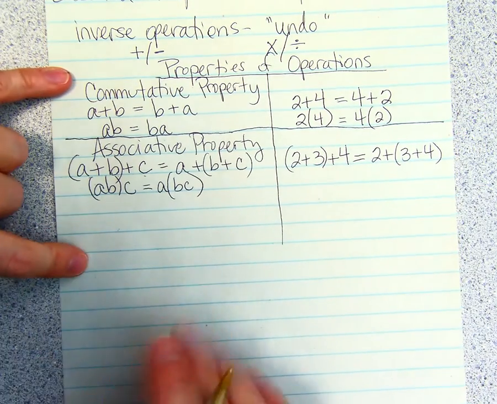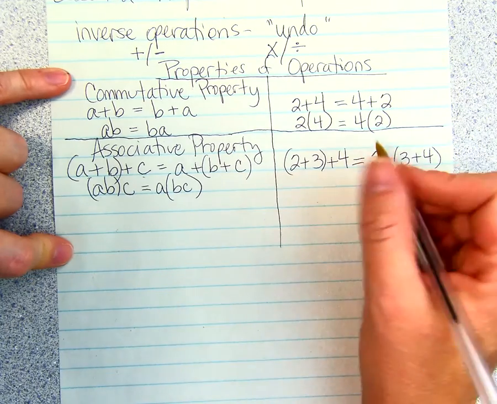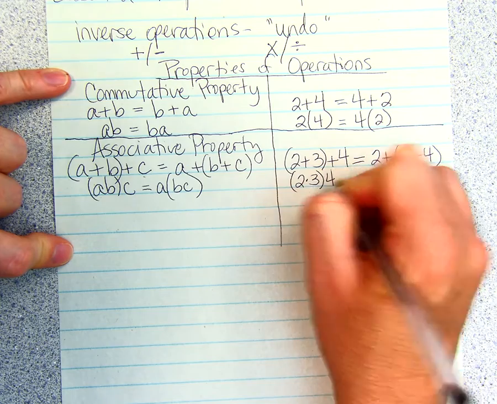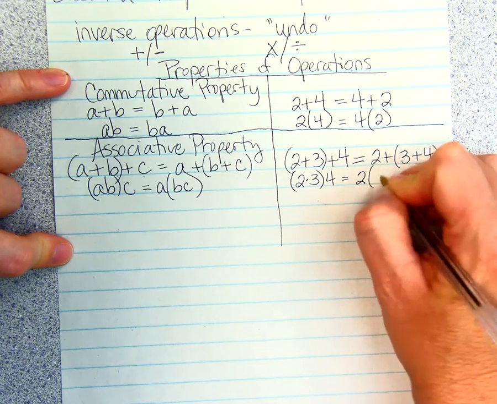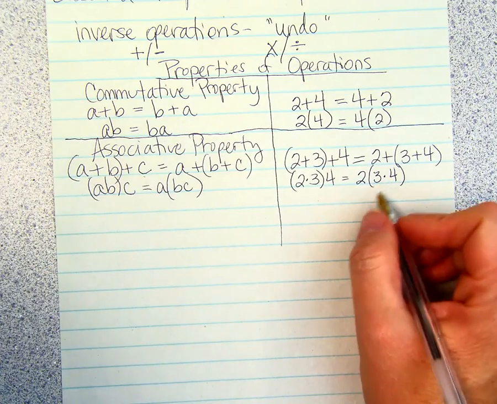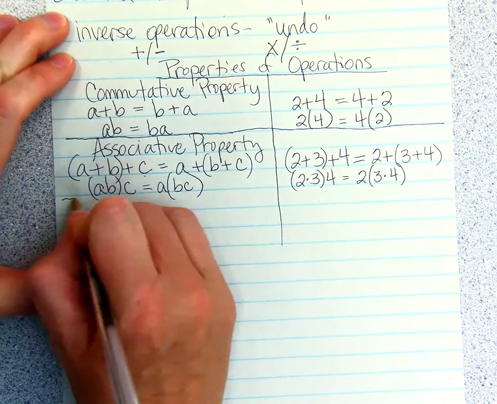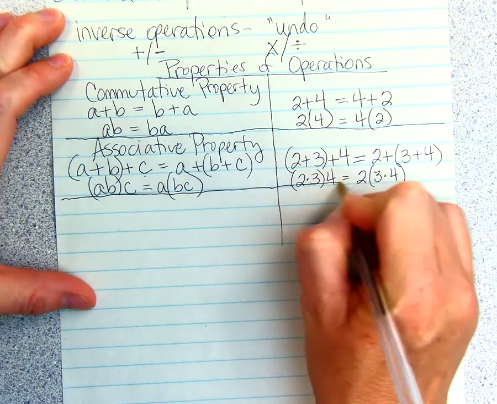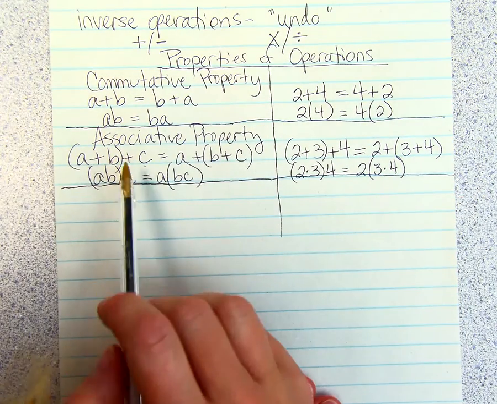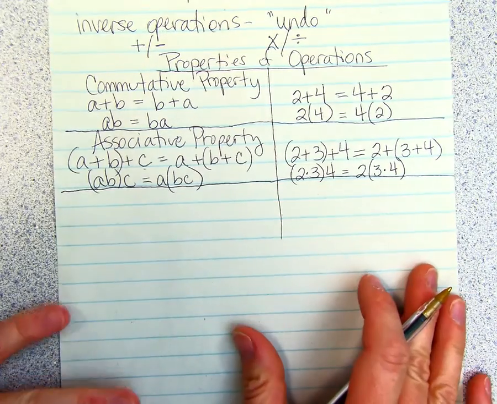You'll get the same answer. If you're multiplying, if you multiply 2 times 3 and then multiply by 4, it's the same thing as if you multiply 3 times 4 first and then times it by 2. So the order doesn't matter when you're adding and multiplying if you have 3 or more.